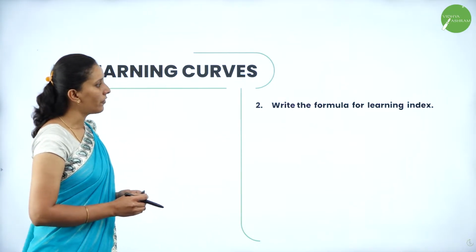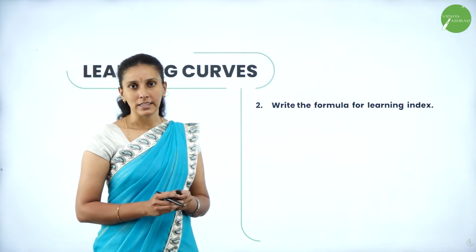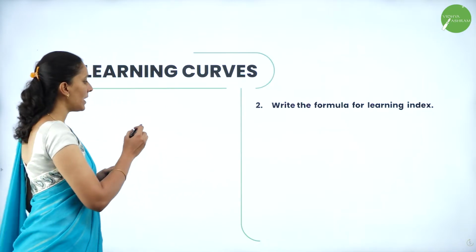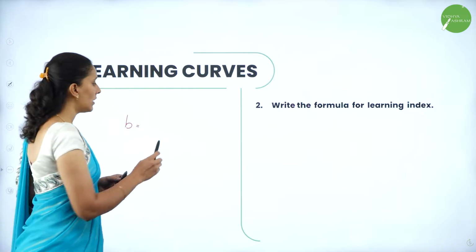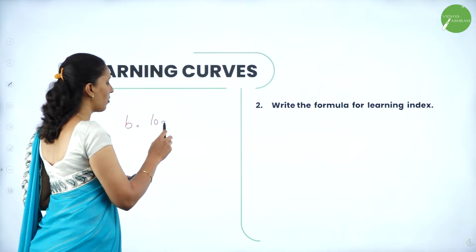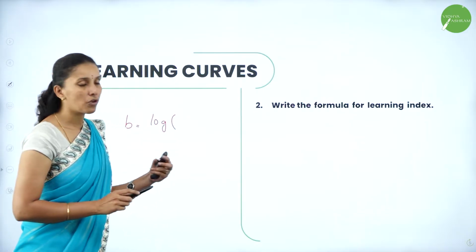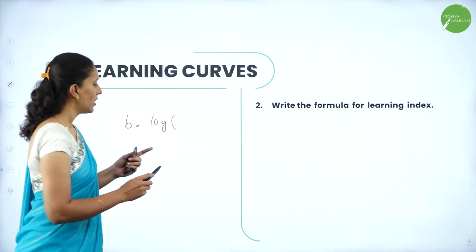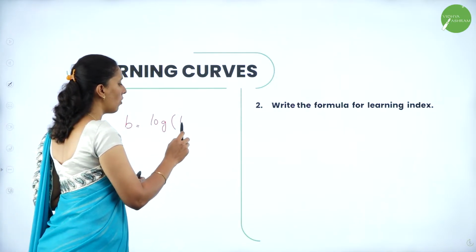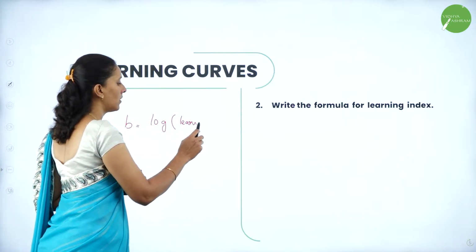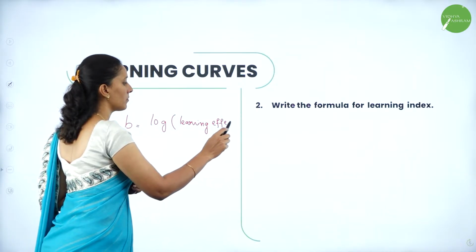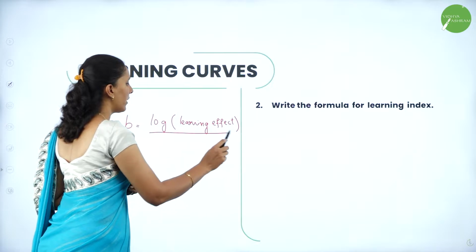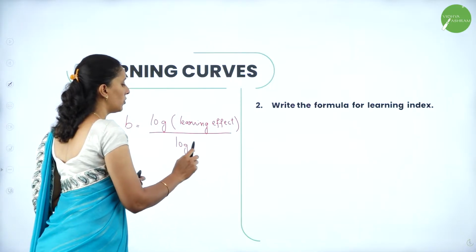Next question, write the formula of learning index. We know that b is called the learning index, sometimes also called the index of learning. It is given by log of learning effect whole divided by log 2.